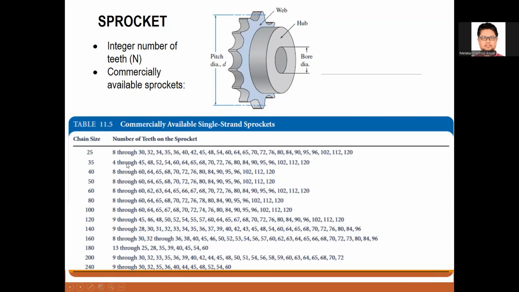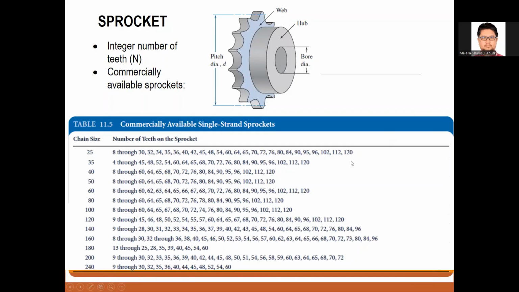Okay, so I guess in the lower part, it will go up by 1. Like here, chain number 25, it will have 8, 9, 10, all the way through 30, and then you have 32, 34.